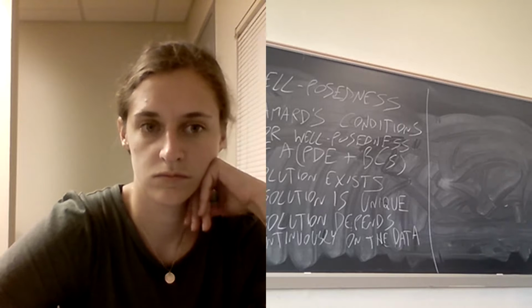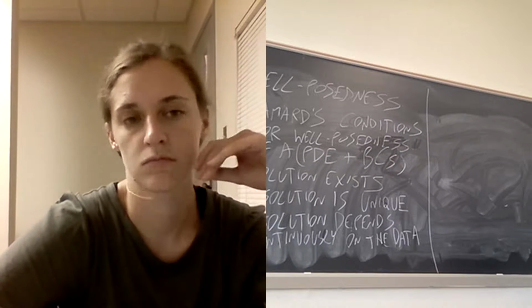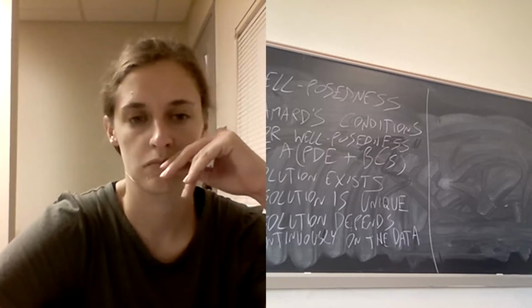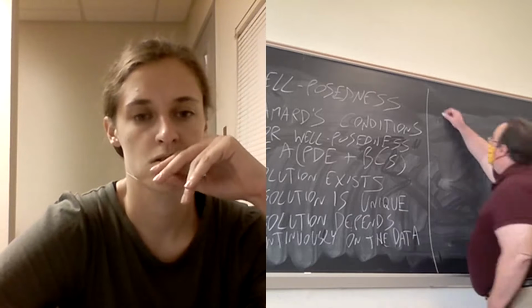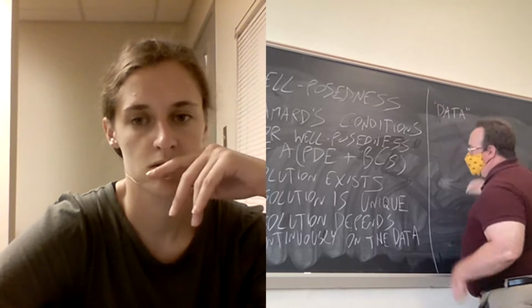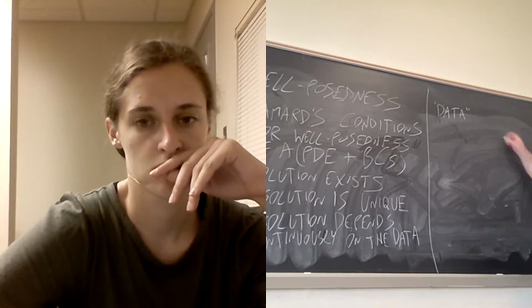Okay. All right. So first, the first two conditions, of course, are pretty self-explanatory, but I want to explain the third one a bit more. What is meant by data? When I say continuously depends on the data, what is the data of this PDE problem? It can refer to quite a few things.